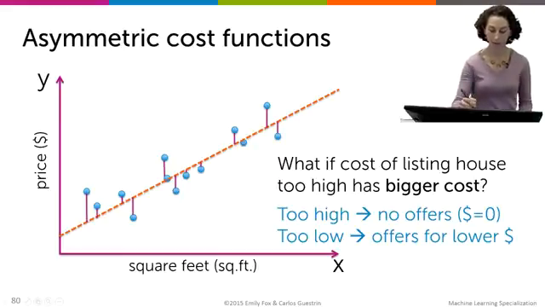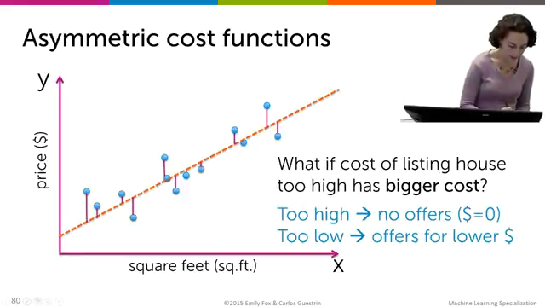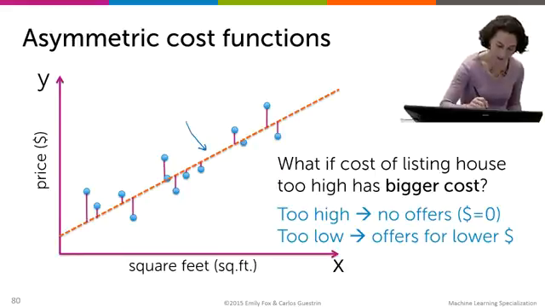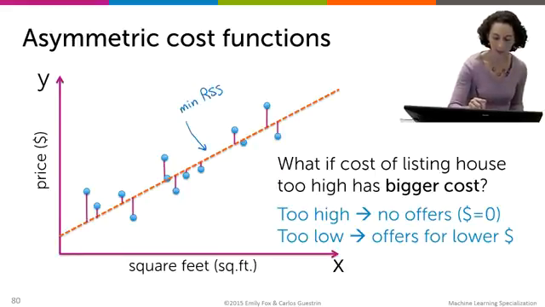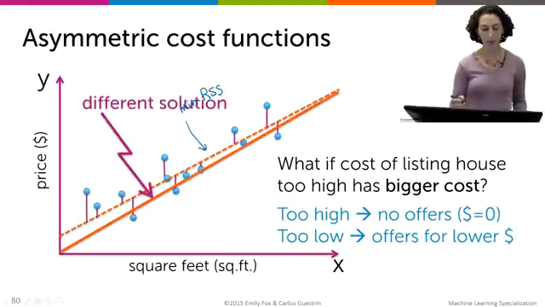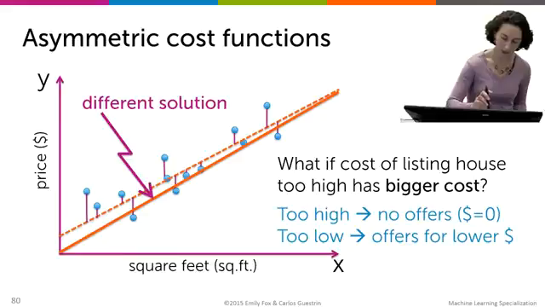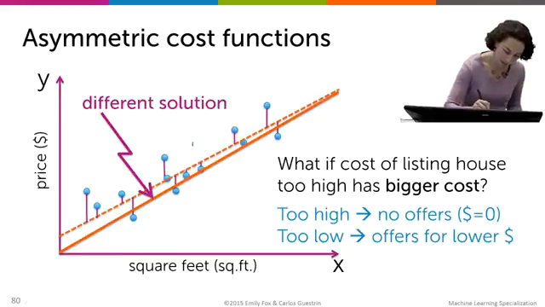And instead of this dash orange line here, which represents our fit when we're minimizing residual sum of squares, I will get some different solution. Again, sorry, I love to write over my animations.